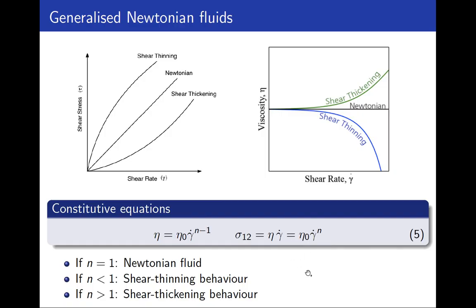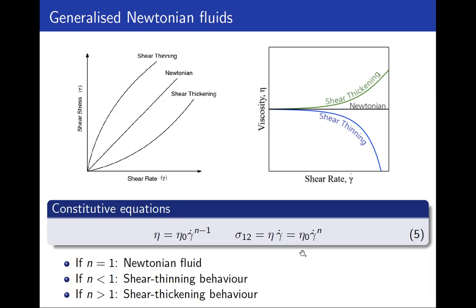So when n is equal to 1, we obtain the equation that is used to describe simple fluids like water. On the other hand, if the superscript is smaller than 1, we have the shear-thinning behavior, which is this behavior where the viscosity is going to decrease. And if the superscript is greater than 1, we will observe the opposite behavior, which is shear-thickening.